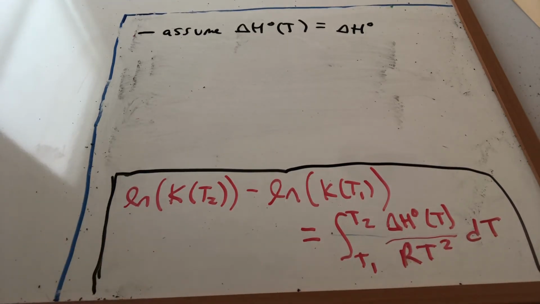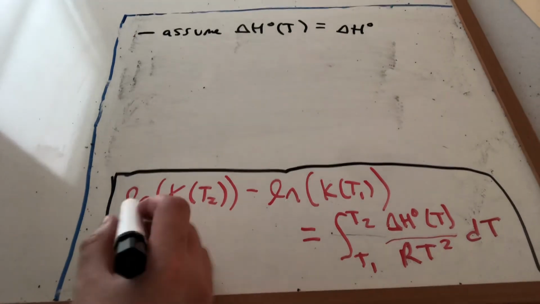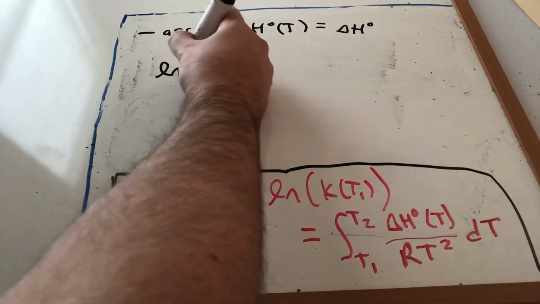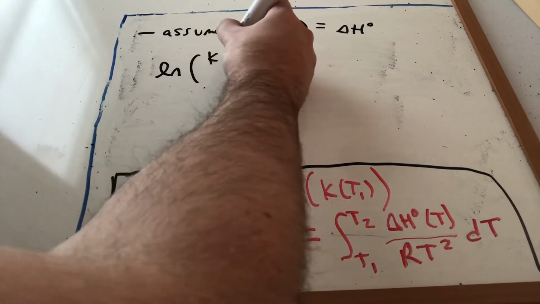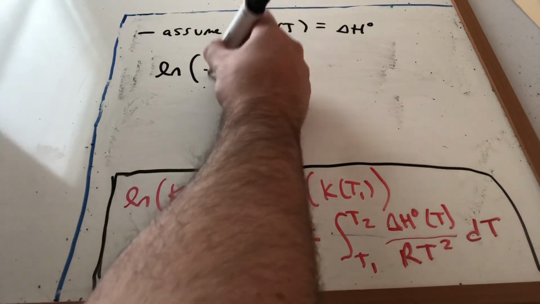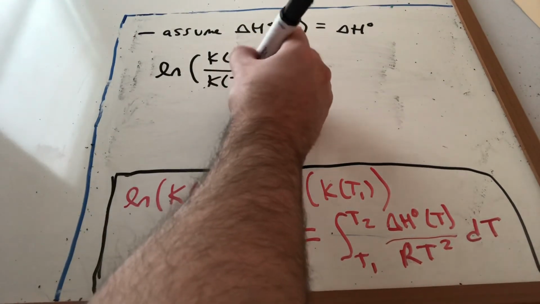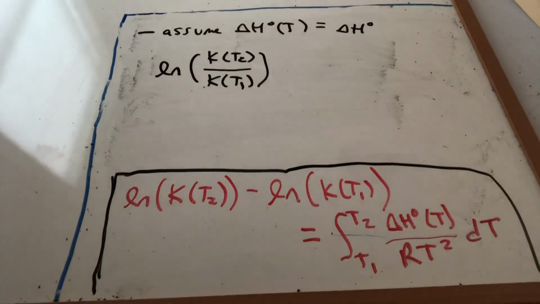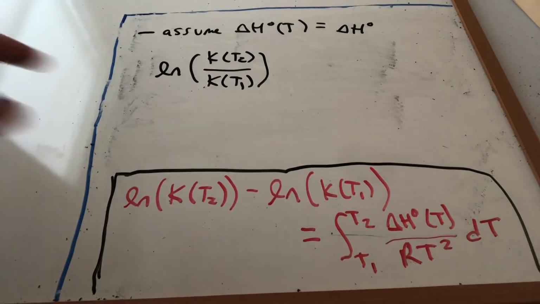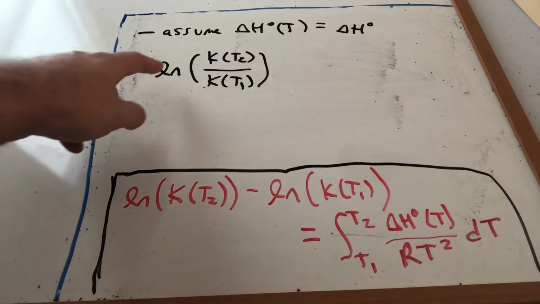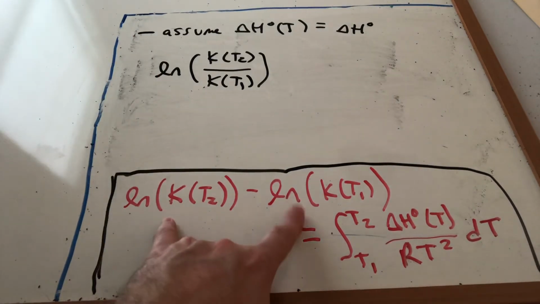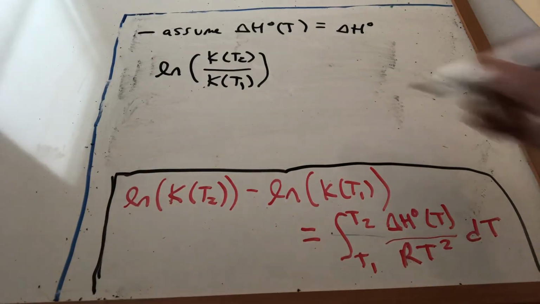And what you should be able to come up with mathematically, because it fits with math we've done before, is that I can combine these natural logs. You get the natural log of K at T2 divided by K at T1, just using our natural log algebra to combine these.